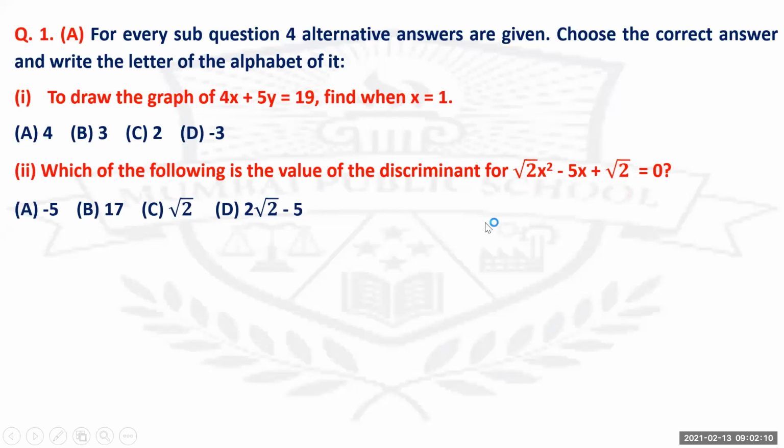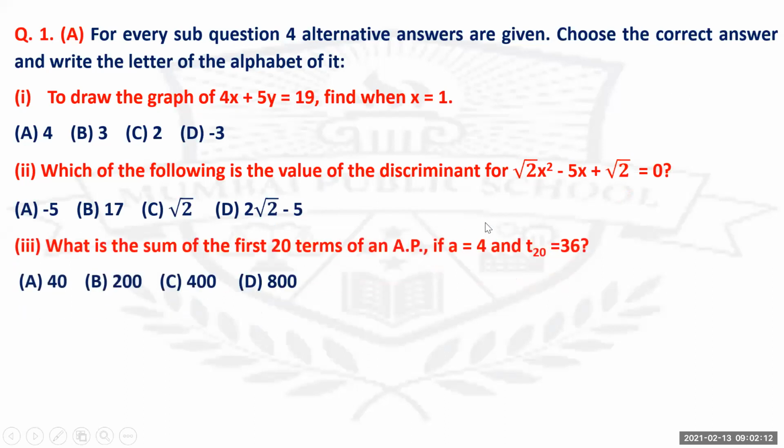So let's move ahead. Now, what is the sum of first 20 terms of an AP if a equals 4 and t20 equals 36? Now here what happens is, you're going to apply the formula of Sn. What is the formula?